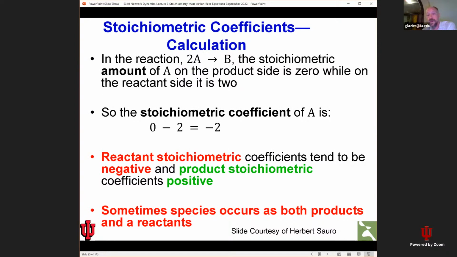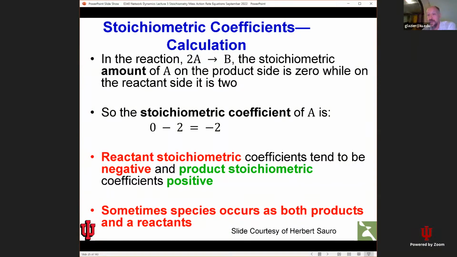So if I have 2A goes to B, the stoichiometric amount of A on the left-hand side is 2. Stoichiometric amount of A on the right-hand side is 0. The stoichiometric coefficient is the left-hand side number minus the right-hand side number, so minus 2.